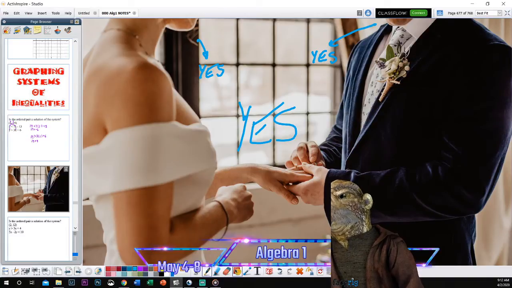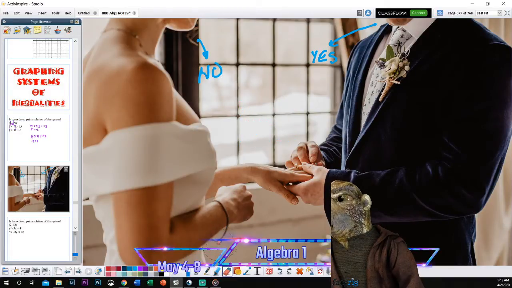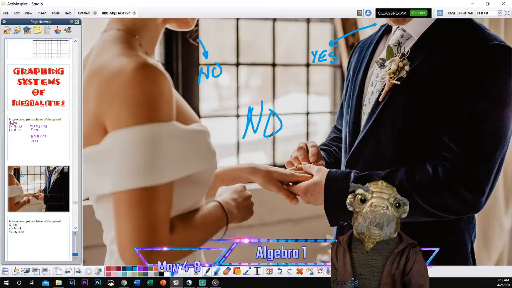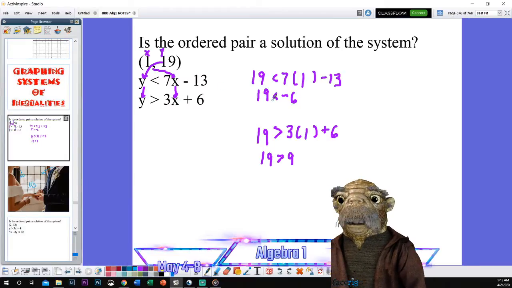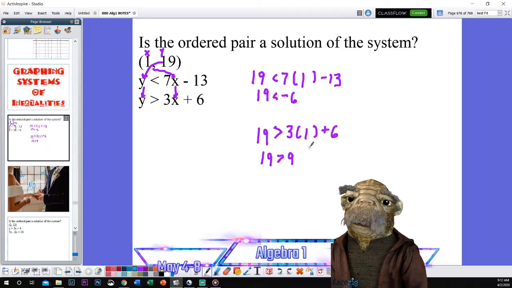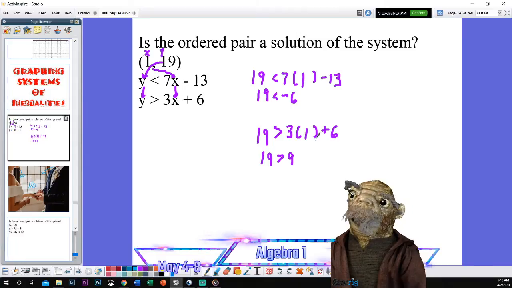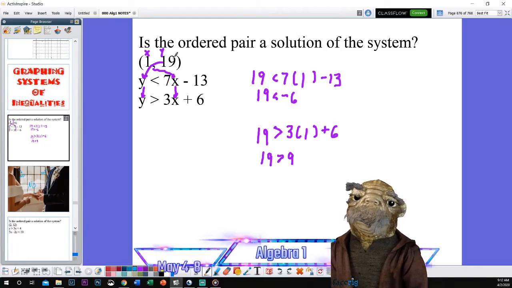But if either one of them says no, are they married? Well, no, they're not. So if either one says no, this is a no. Or if both of them say no, then that's a no. So just like this, if either of these is a no, then the answer overall is no, it's not a solution. They both have to be yeses for this ordered pair to be a solution.